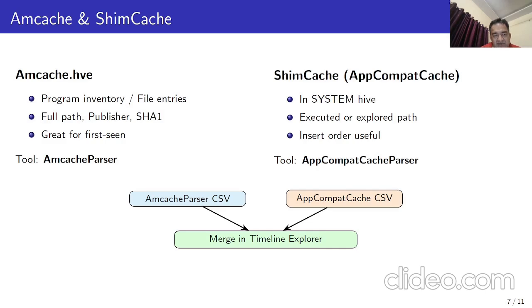ShimCache is in the SYSTEM live hive, parsed via AppCompatCacheParser, for executable reference path and insert order. The merge diagram pushes both CSVs into Timeline Explorer. For example, the Amcache SHA1 of some payload.exe file matches VirusTotal malware. ShimCache shows it adjacent to winword.exe after a phishing document open. So both are confirming this is malware.